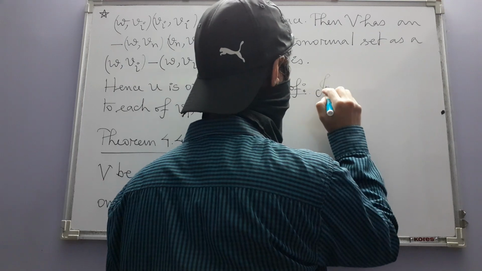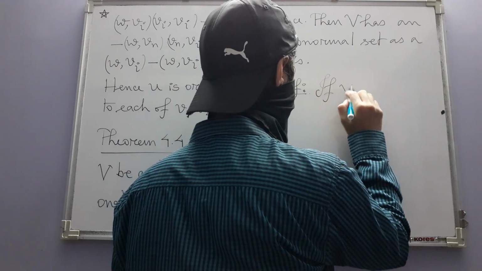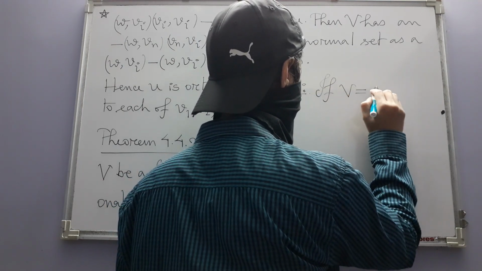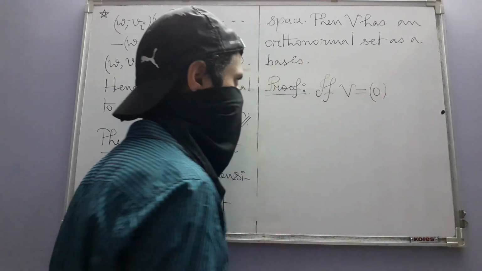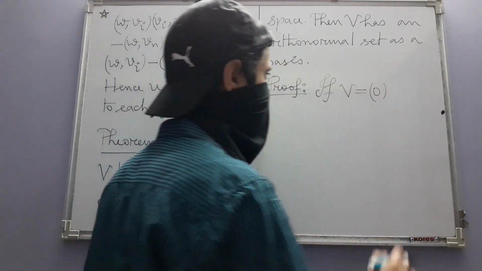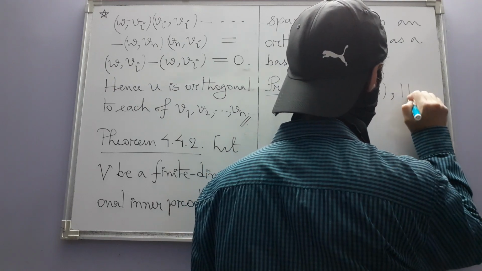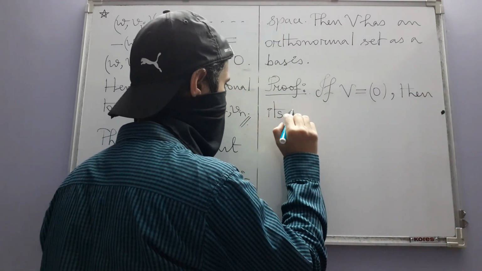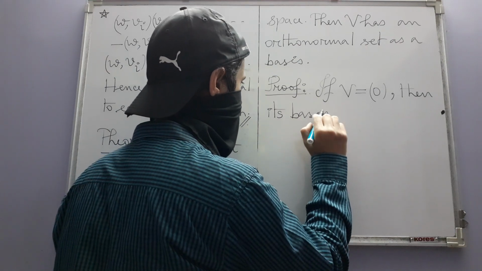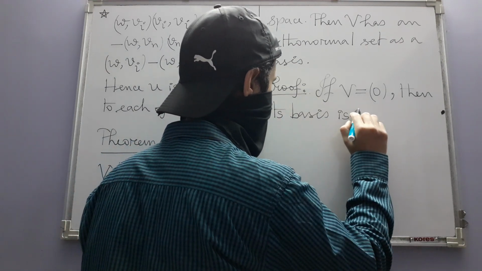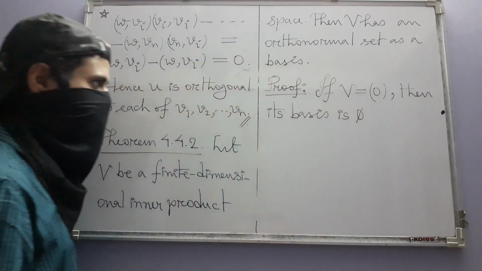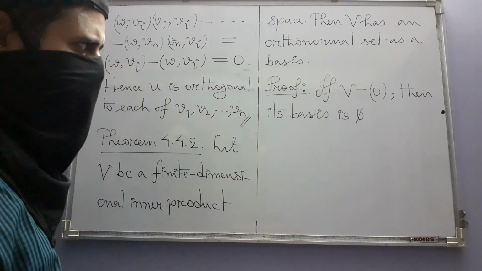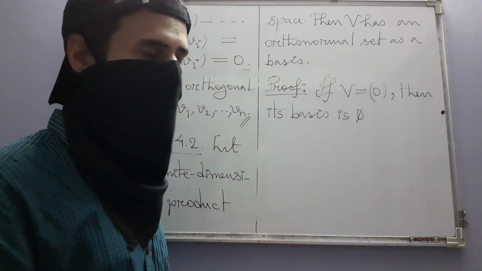If V is the zero space, which we denote like this, then its basis is the empty set. We already know that this is the case.